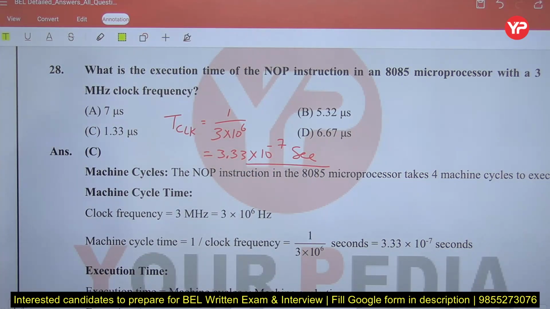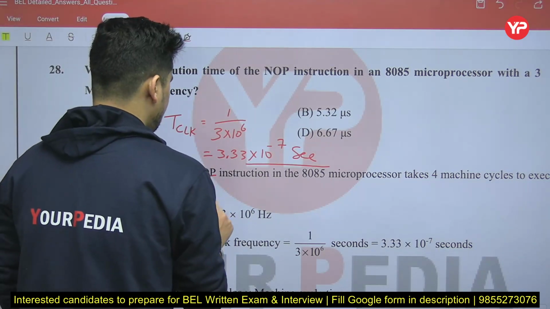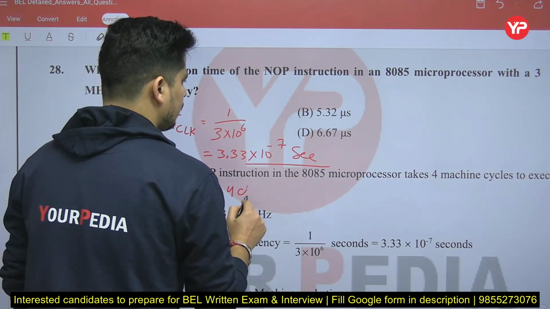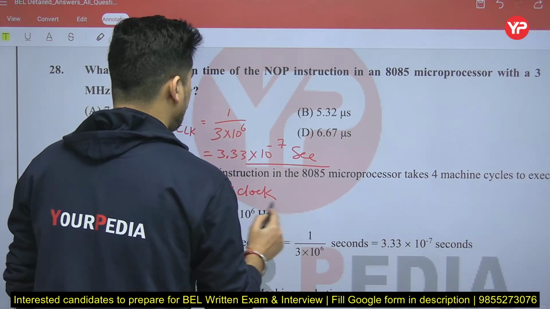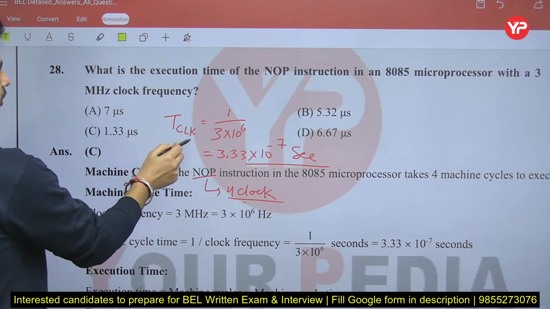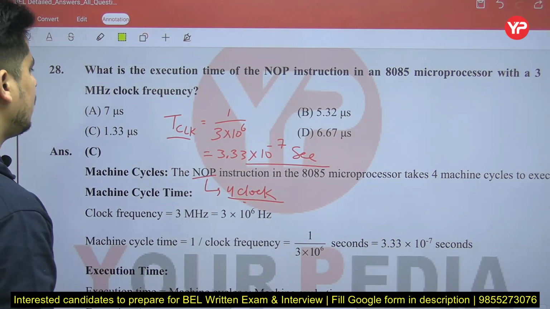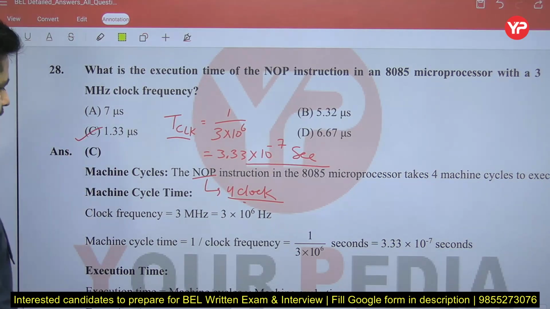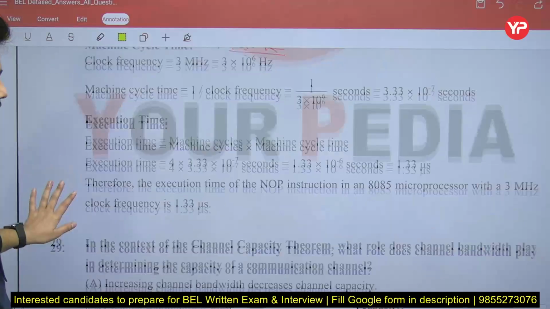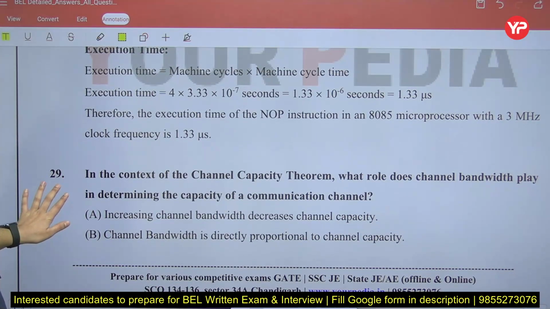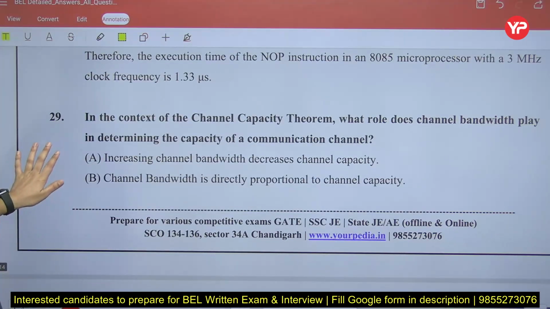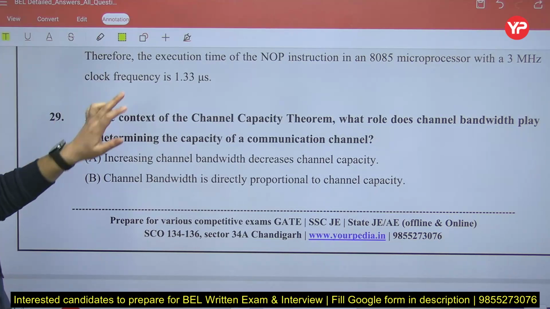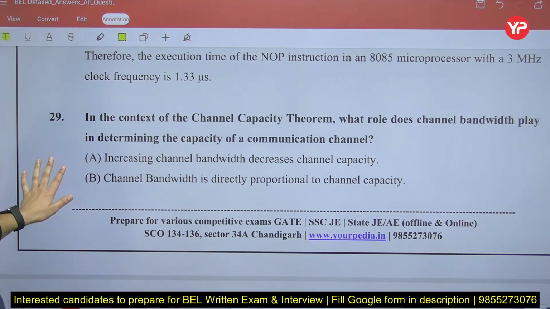When you execute the NOP instruction, it requires 4 clocks, so the execution time is 4 times T. That gives 1.33 times 10 raised to power minus 6. Therefore the execution time of the NOP instruction is 1.33 microseconds.